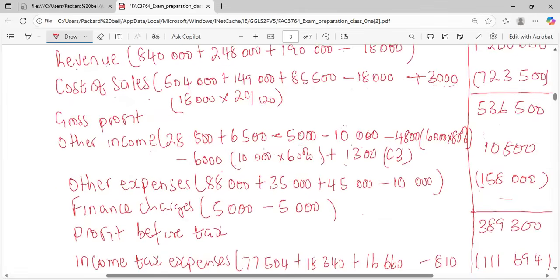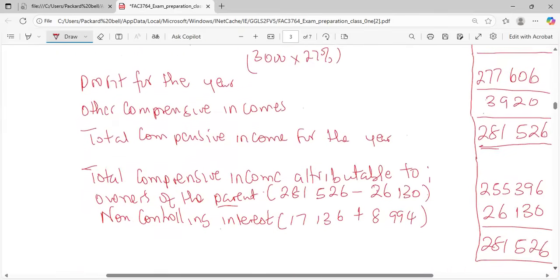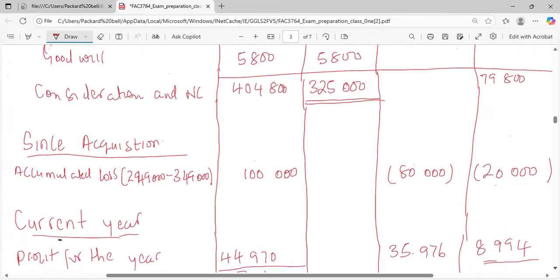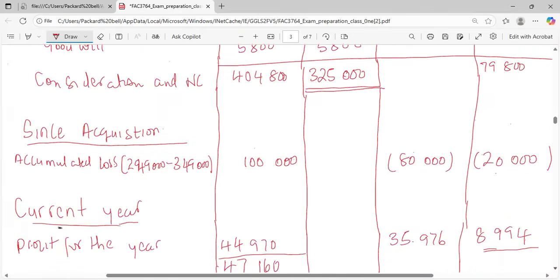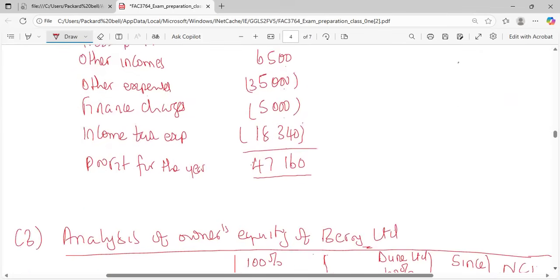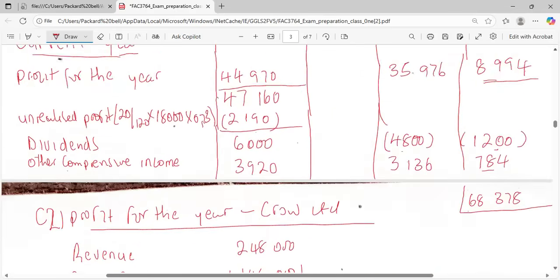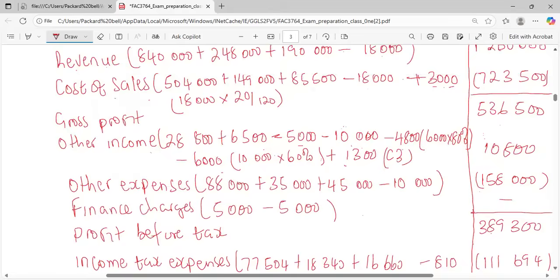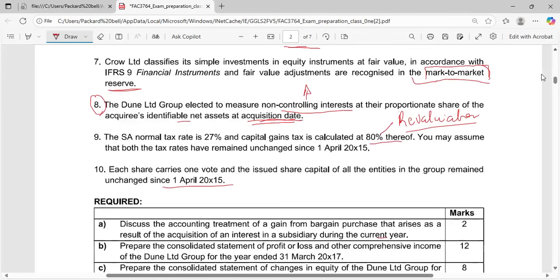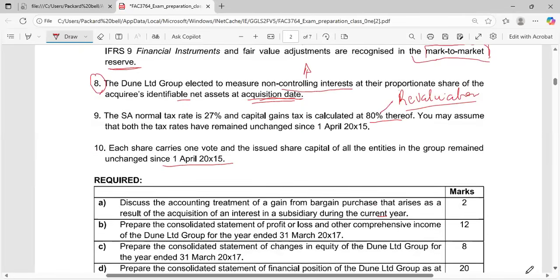So this is how you should do it in the exam. You can start by whatever does not need a calculation. And remember the calculation that we did, we still need to use it. There are a lot of areas when we go to the statement of change in equity, and when we go to the statement of financial position, where we still need it. Right, so in our next class, we'll finish off this question.